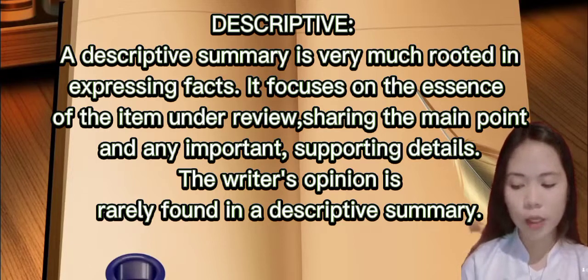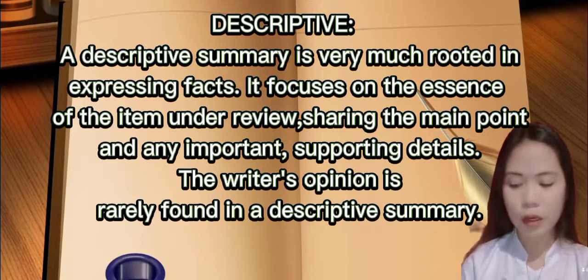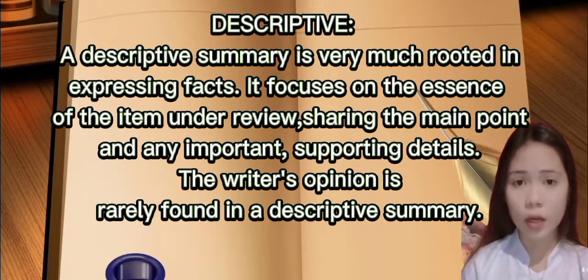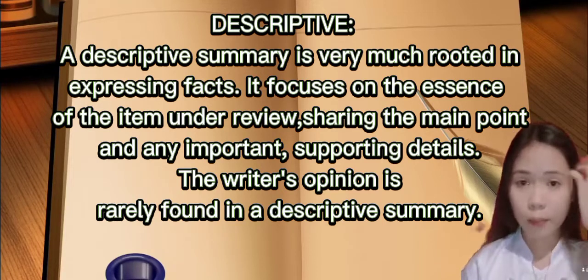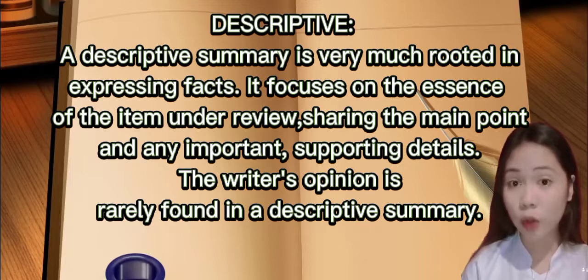The writer's opinion is rarely found in a descriptive summary. Ito daw ay isang naglalarawang buod na lubhang nakaugat sa isang katotohanan. So, kapag descriptive summary, ito yung mga makakatotohanang pahayag or makatotohanang buod.